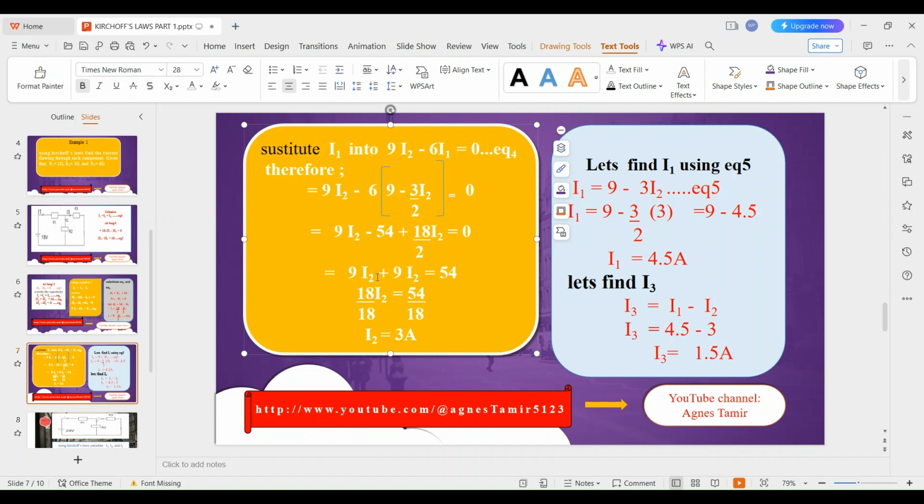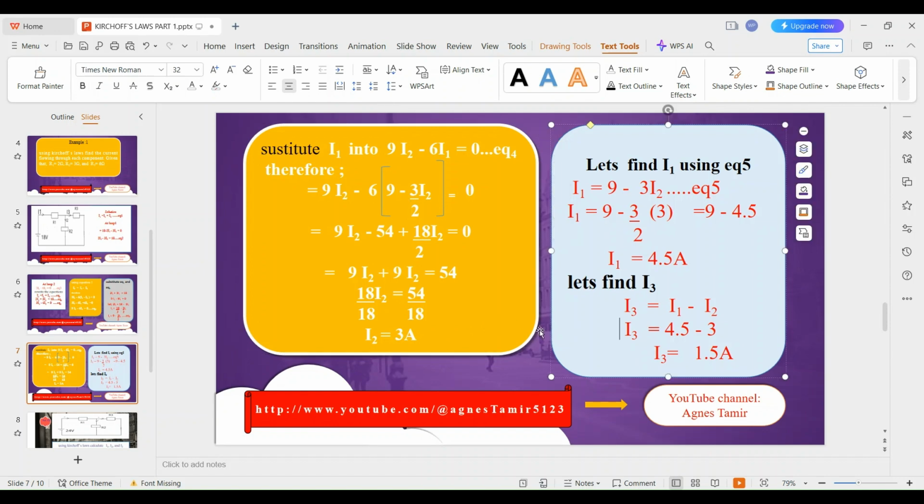So 9I2 plus 9I2 is 18I2, which is equal to 54. Let's divide both sides by 18. So 18 and 18 will cancel. We shall have I2 equal to 54 divided by 18, which is 3. Because the SI unit for current is amperes, I2 will be equal to 3 amperes.